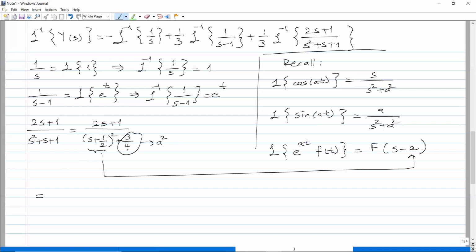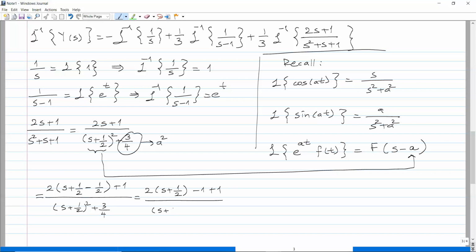So in the numerator, instead of s, I try to have s plus 1/2. But it is not s plus 1/2, it's just s. So I also subtract 1/2 plus 1. So 2 times s plus 1/2, and 2 times minus 1/2 is minus 1 plus 1. So that term cancels out.